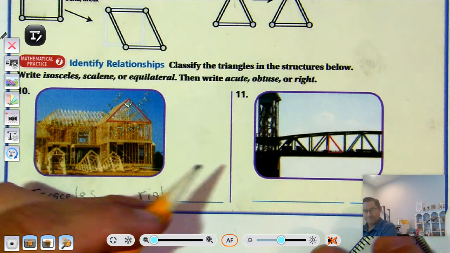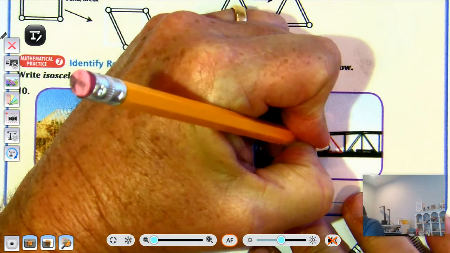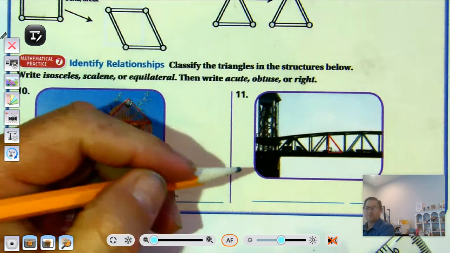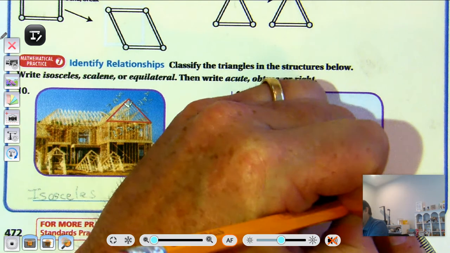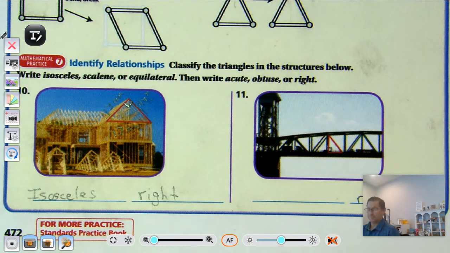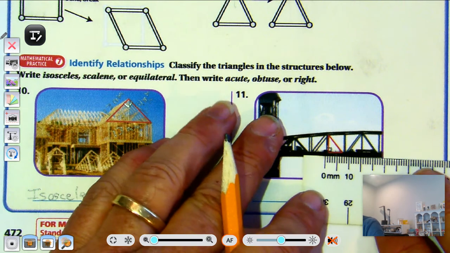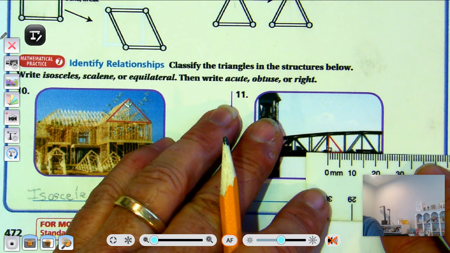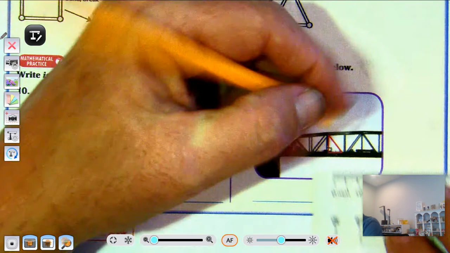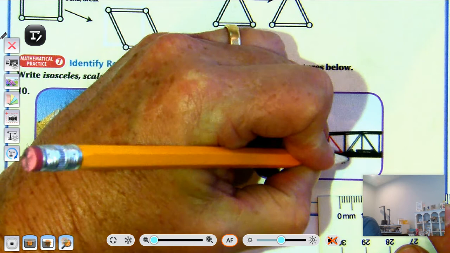And number 11, I know it has to be a right angle because this forms a right angle. So I know that that's right. Now we have to measure the sides to see if they're the same measurement. I would call the bottom line about 6 millimeters.